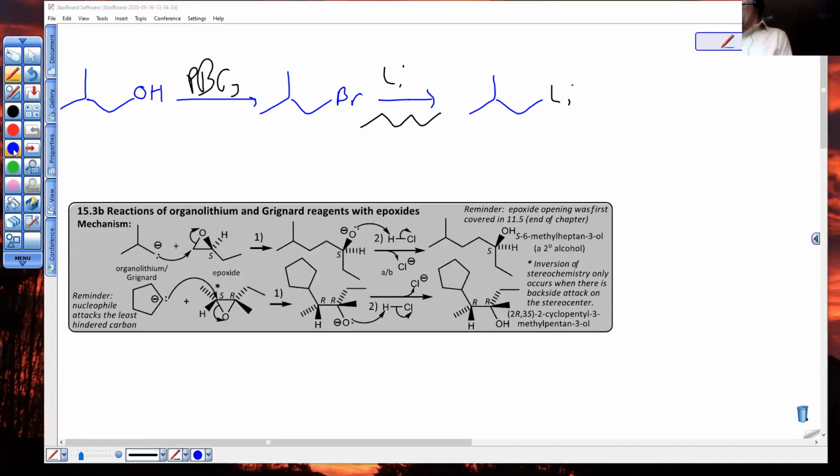And that will behave pretty much like it is this anion here, which we have pictured here.